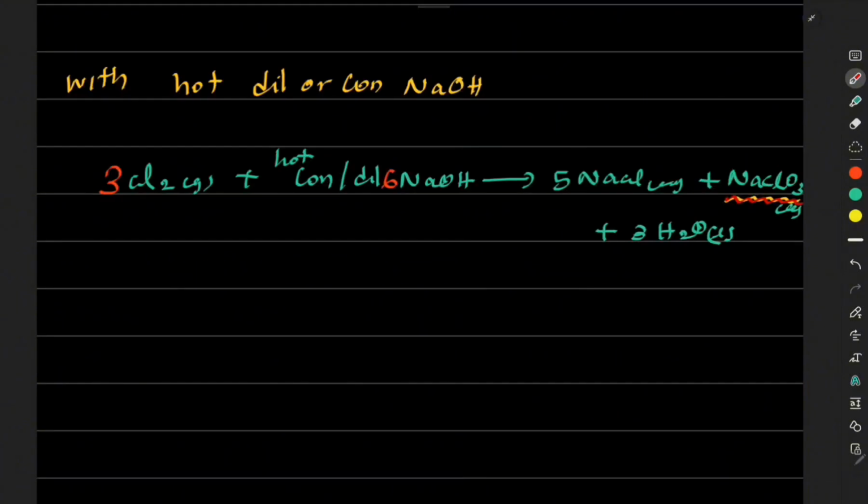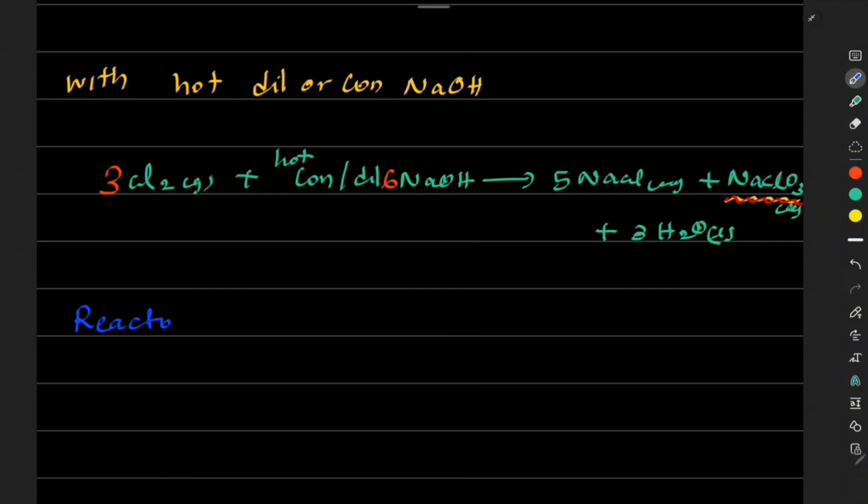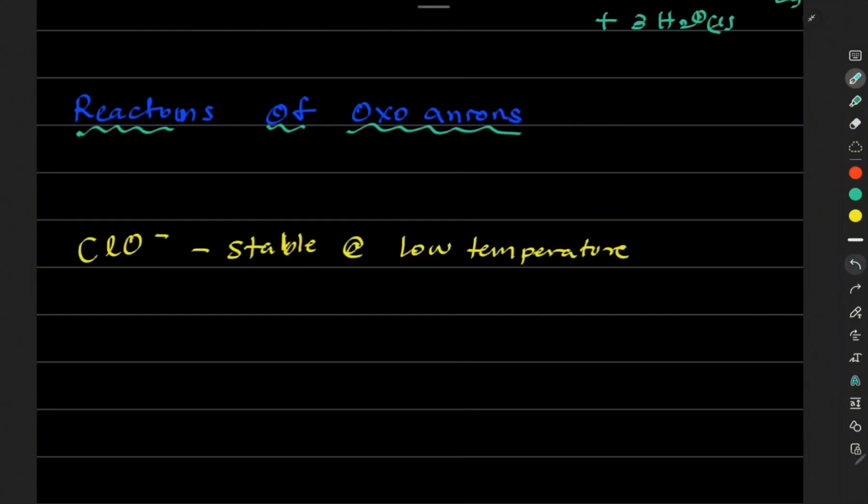Next we have reactions of oxo anions. ClO minus is stable at low temperature, and it disproportionates into ClO3 minus and 2Cl minus.